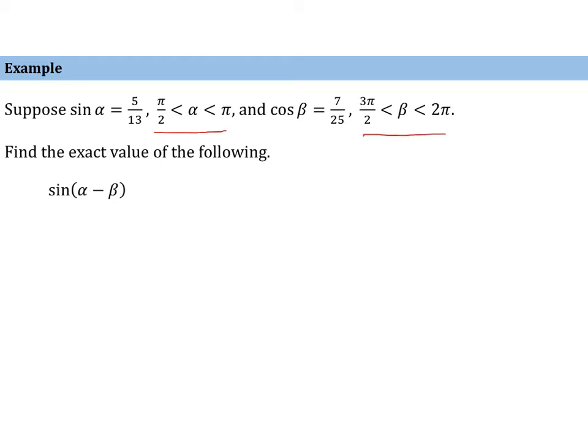So let's go ahead and look at sine of alpha minus beta, which we know is nothing more than sine of alpha cosine of beta minus cosine of alpha sine of beta. To figure out each one of these individual components, let's sketch alpha and beta in their respective quadrants.